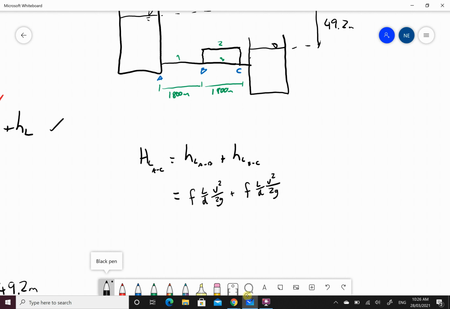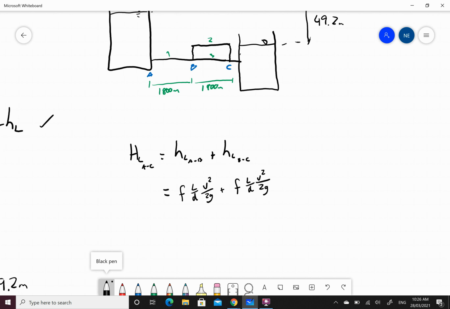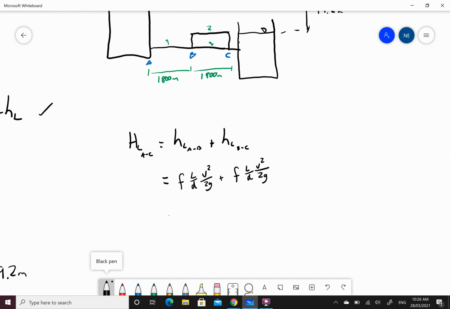My velocities will be the same because they're all the same diameter. If you don't believe me, go back through and do your Q equals V times A for the system. You'll see all of the V's are the same. So, let's go 1 and 2. Friction factors are the same, the length is the same, diameter is the same, 2G is obviously the same.